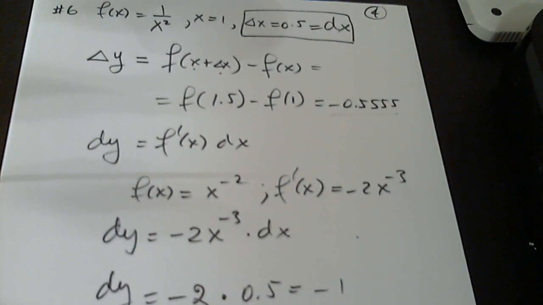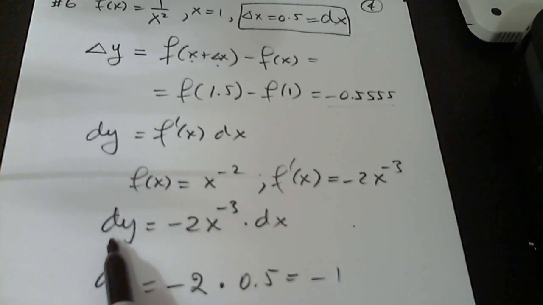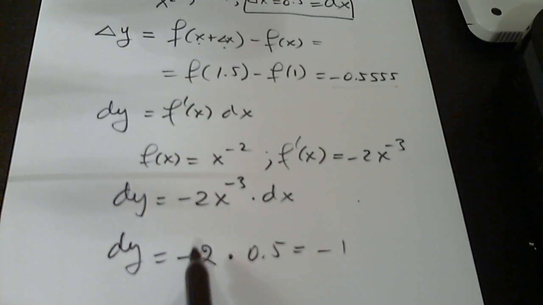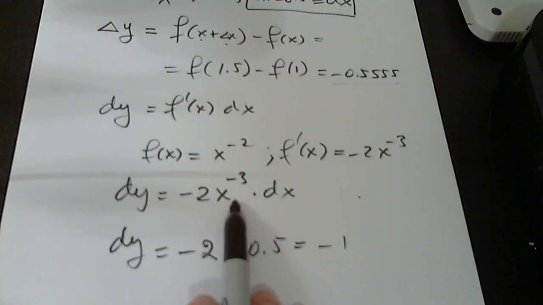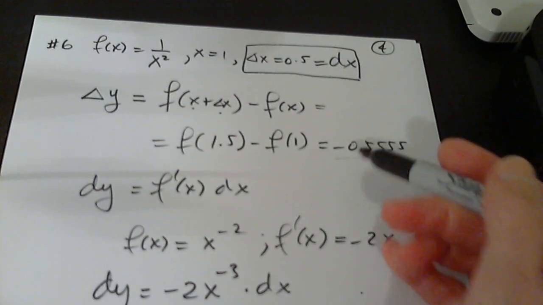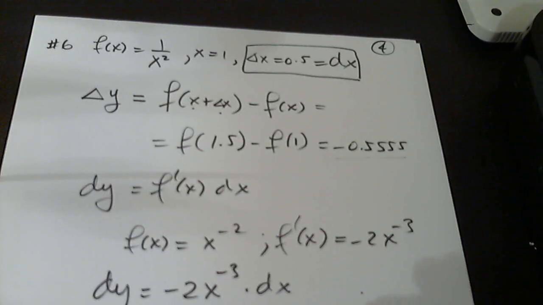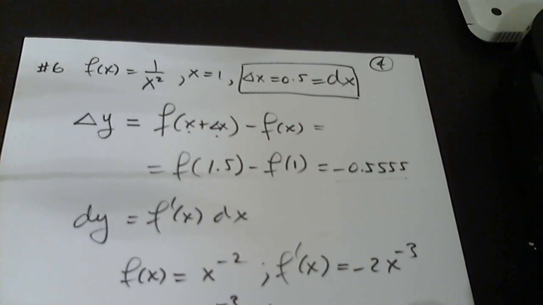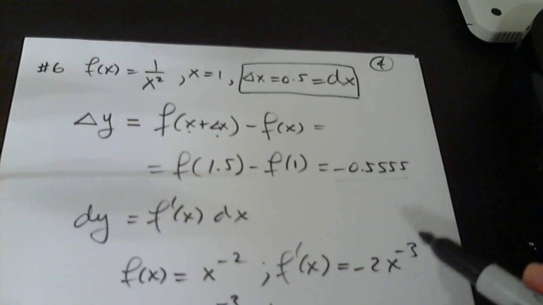Now, according to the differential, it was negative 2 times 1 to negative 3, which is still 1, times dx, which was 0.5, is this. So the difference between these two, depending on the research or depending on the unit or the product, is a difference of about 0.05, right?